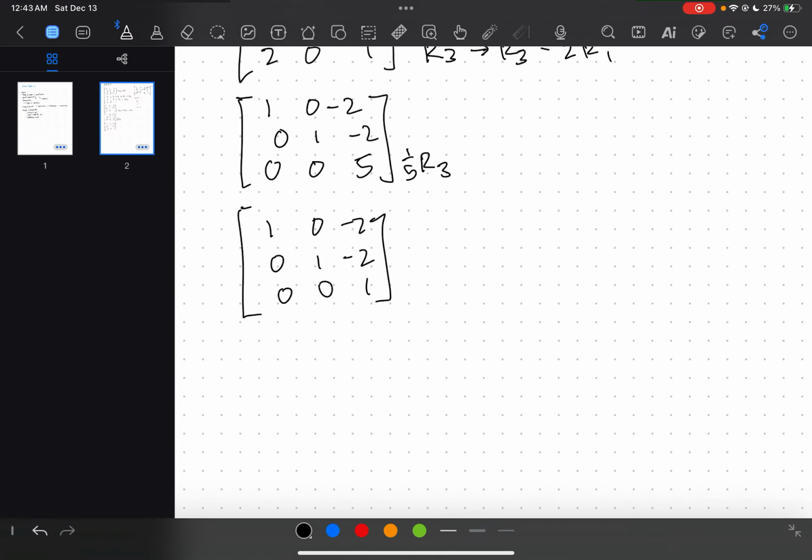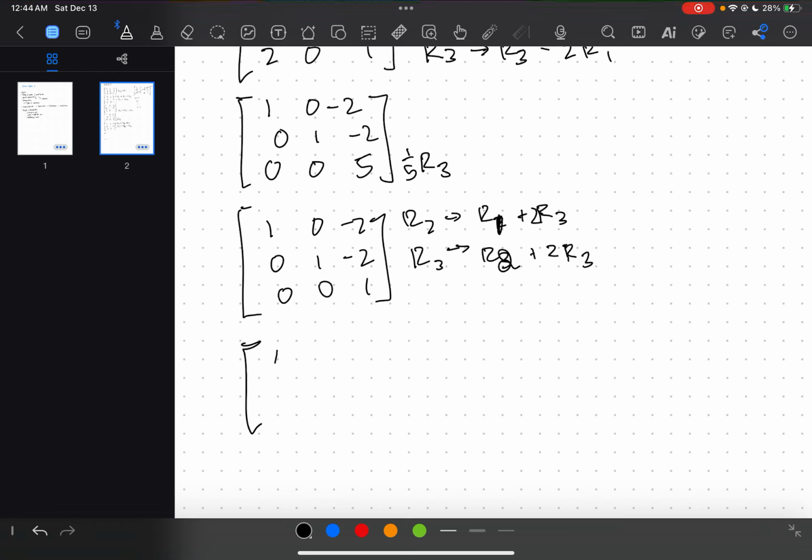In this case, we want to do R2 plus 2R3, R1 plus 2R3, my bad.